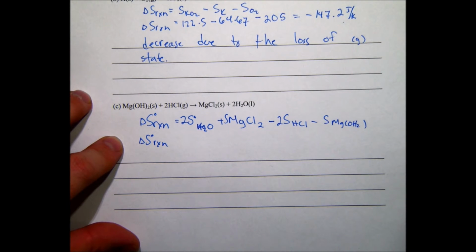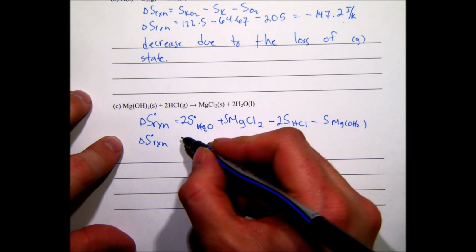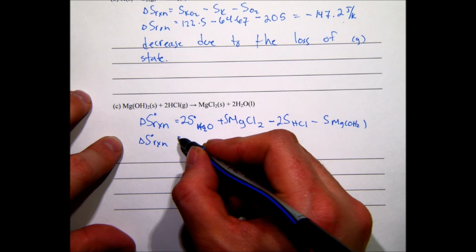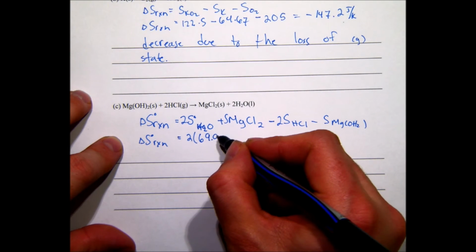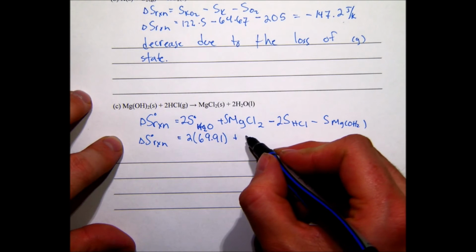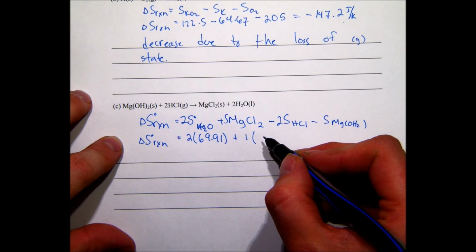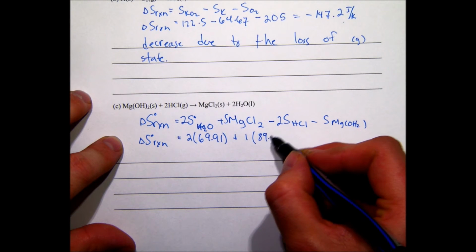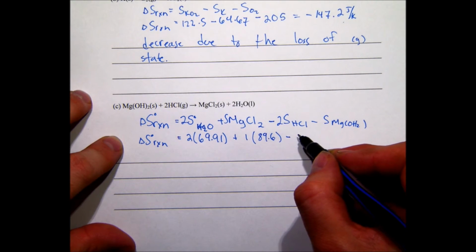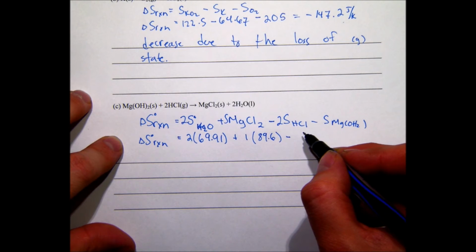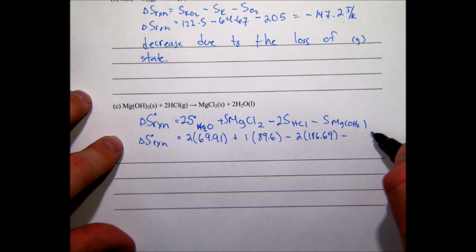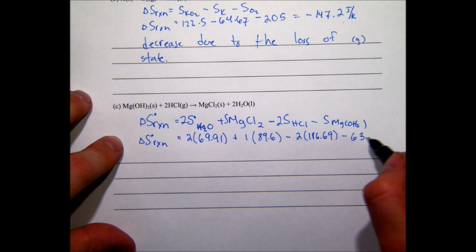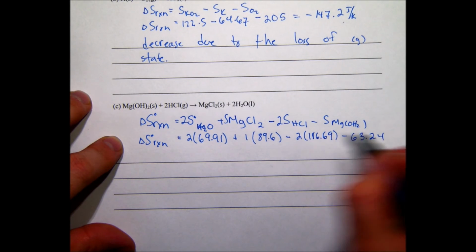Delta S of reaction is equal to 2 times 69.91 plus 1 times 89.6 minus 2 times 186.69 minus 63.24.